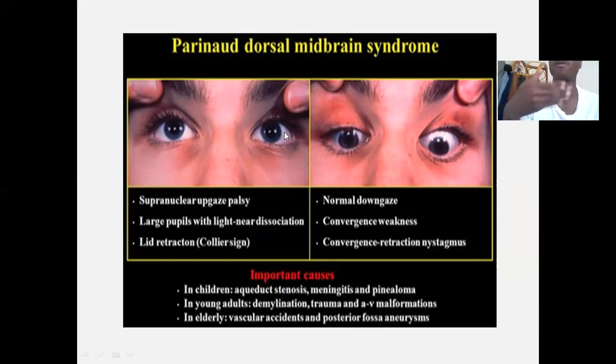But the Edinger-Westphal nucleus, which is your parasympathetic nucleus, is still intact, so you can still have convergence. This will now be called your Argyll Robertson pupil, where you can have light-near dissociation. So that's just about it.